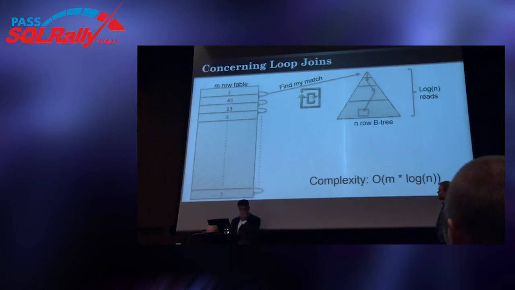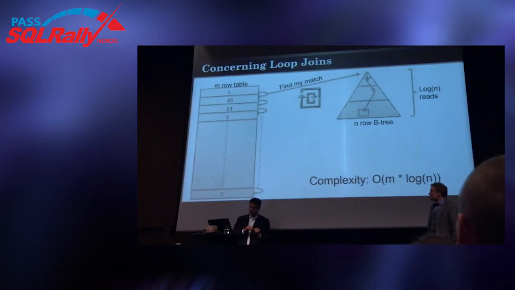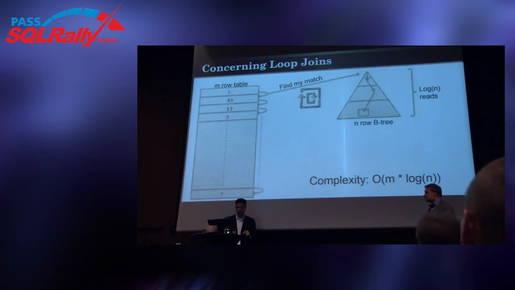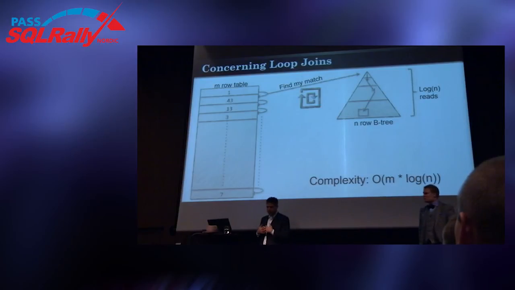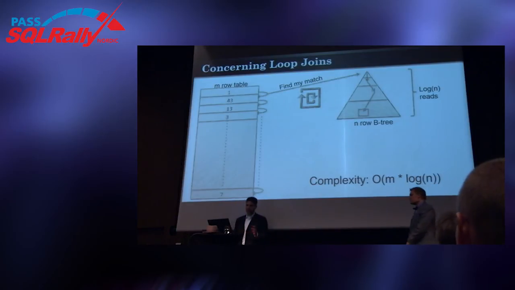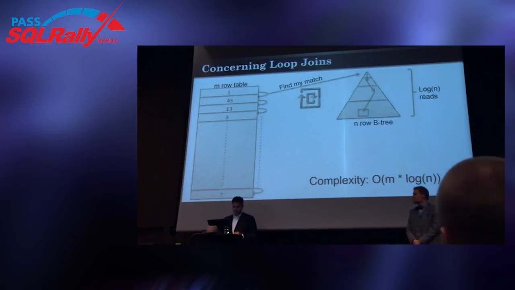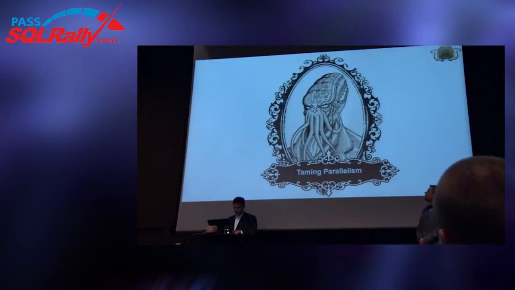So if we compare the complexity of m times log n, m being the outer rows looping into the inner table, and each inner seek costing log of n, if you multiply, m times log n seems often greater than m plus n, yet that's pure algorithmic complexity, and we can lose a lot of the stuff along the way. We can throw out some of the query processor's garbage. So let's take a look at it in a demo instead.